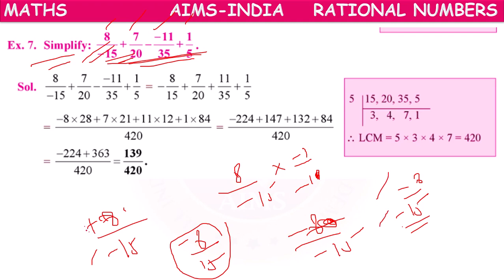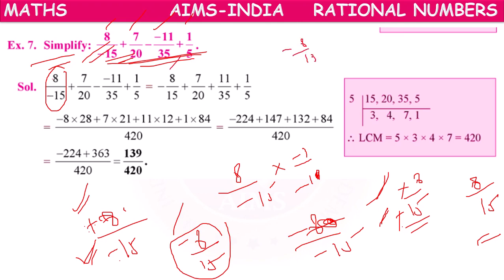If numerator is positive, denominator is negative, then simply keep the minus sign for the numerator. Or if both are negative, you can strike off minus sign, both will be positive. That's all. So 8 by minus 15 is there. So directly we can keep minus for the numerator, or in the middle, minus 8 by 15 for the whole number. It will become negative rational number. Like that we can keep.